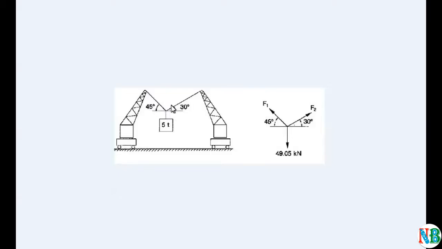The strings have tension T: for crane 1 the tension is T1, and for crane 2 the tension is T2. The crane 1 string is inclined from the horizontal plane at an angle of 45 degrees, and crane 2 is inclined at an angle of 30 degrees.